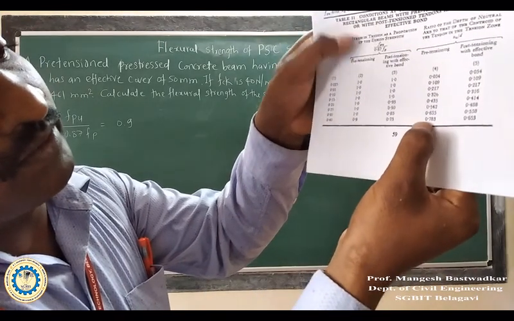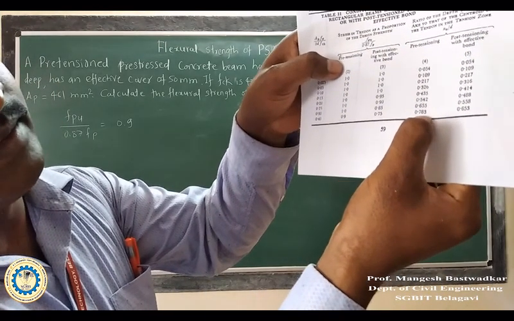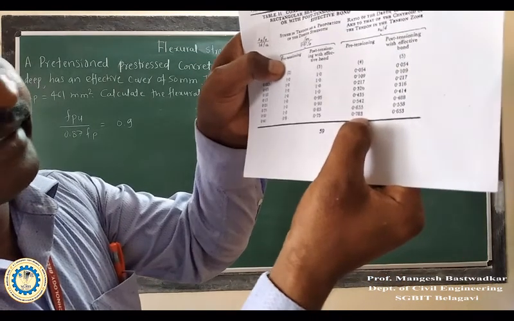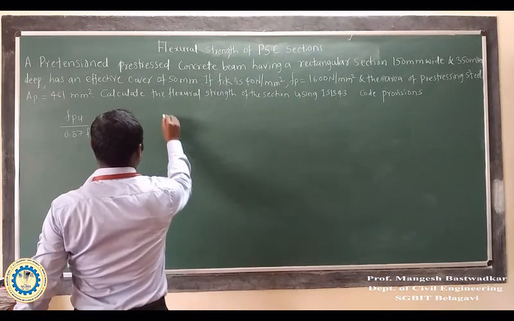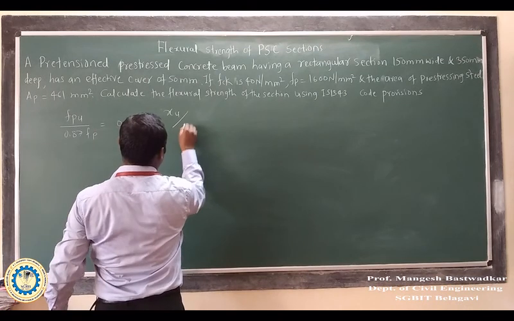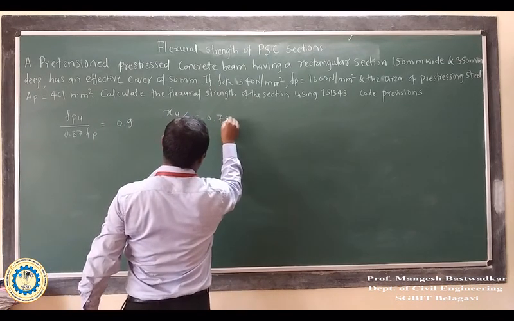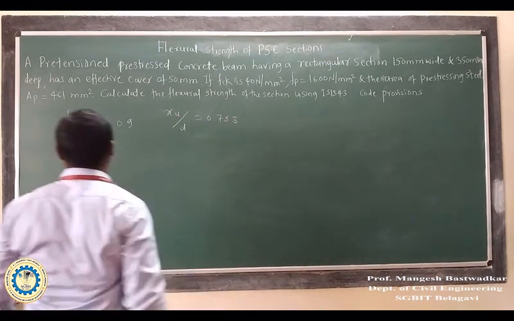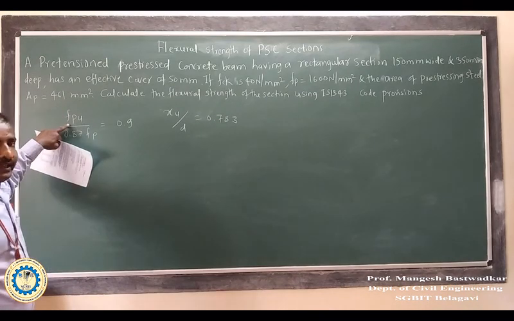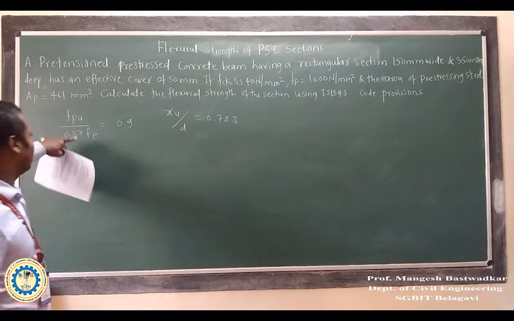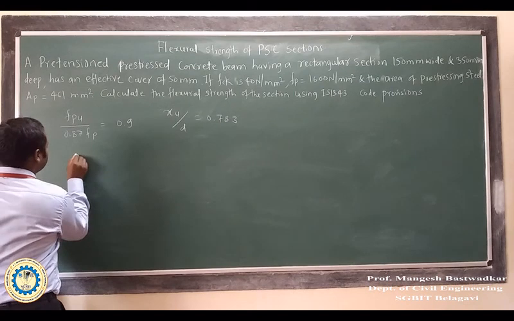Then from this you can obtain XU by D value, which is 0.783. So now we can calculate the effective pre-stress.